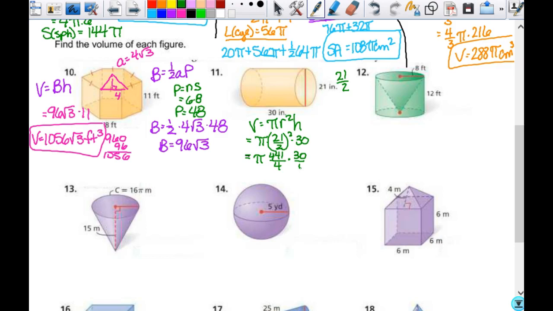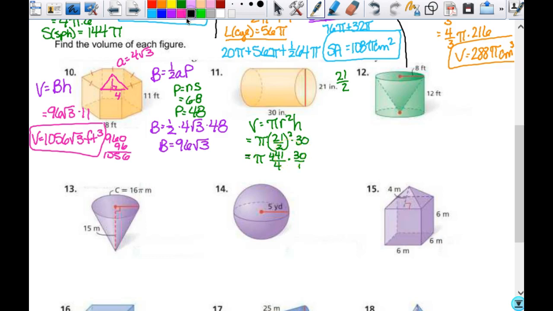That's up to you how you want to think about how you want to do it. I can reduce the 30 and the 4 to make it 15 and 2, but then I'm multiplying 15 times 441 instead of 30, so you might feel like it's easier to multiply the 30 and then take half of it. It's just kind of whatever. So you want to think about those things before you do them. I would say maybe multiplying times 30 would be a little bit easier instead of multiplying by 15.